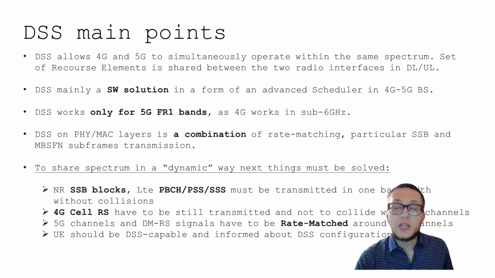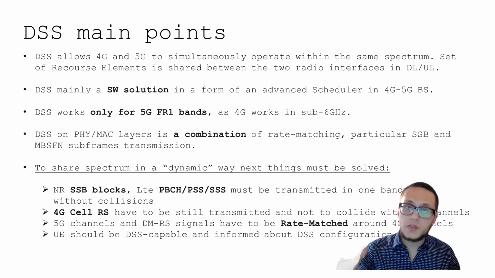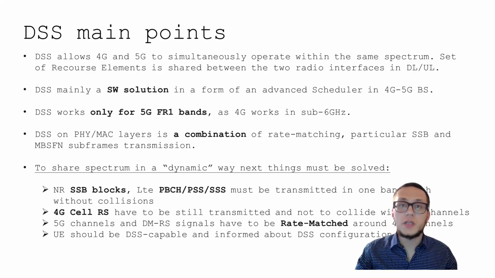In order to share spectrum in a dynamic way, a base station scheduler must be able to solve the next thing: to understand how SSB blocks, synchronization signal blocks, which are extremely essential for 5G network and users, can be transmitted with PDSCH, with PSS, SSS signals, which are also extremely important for LTE users.